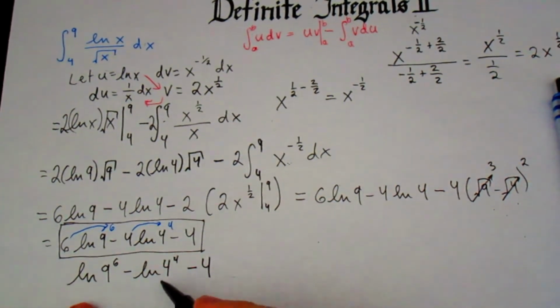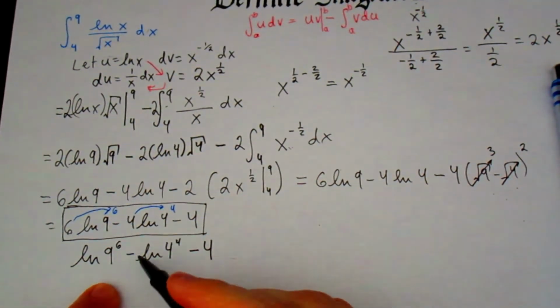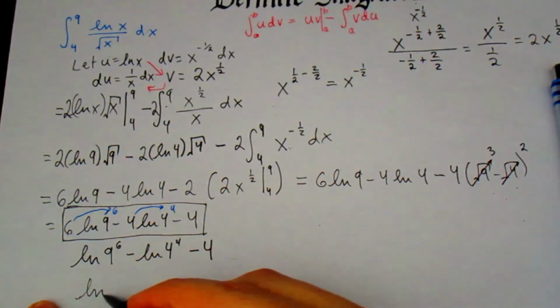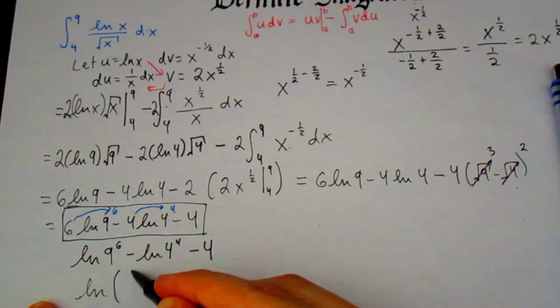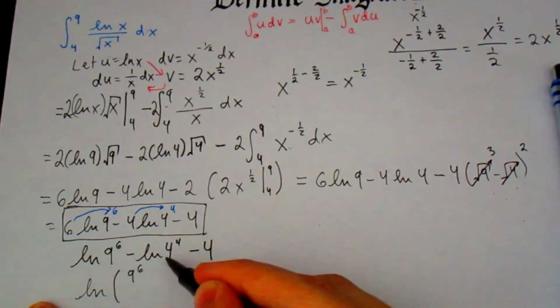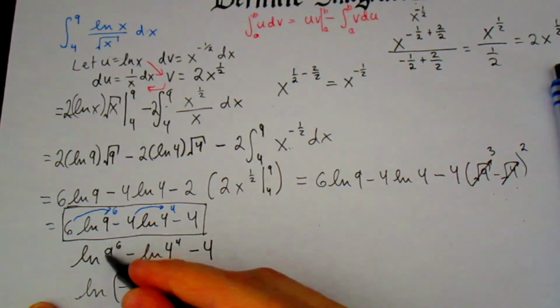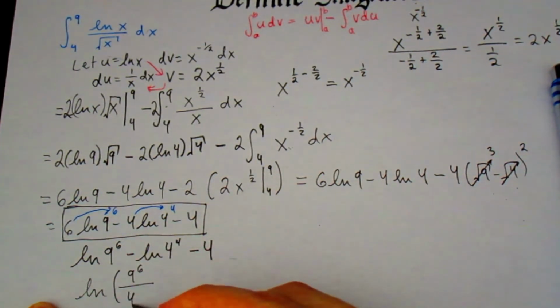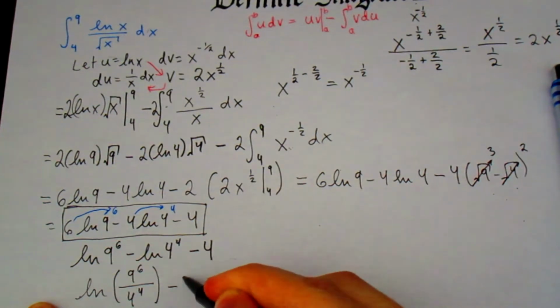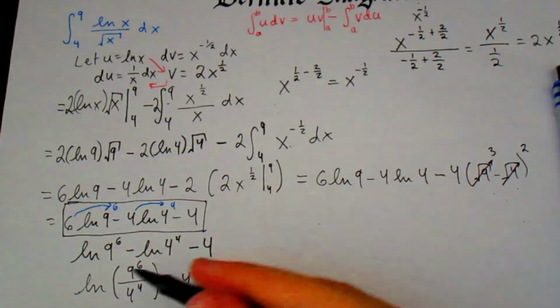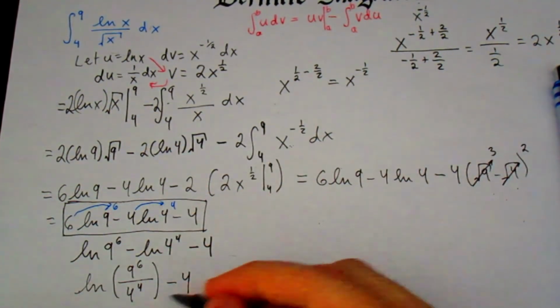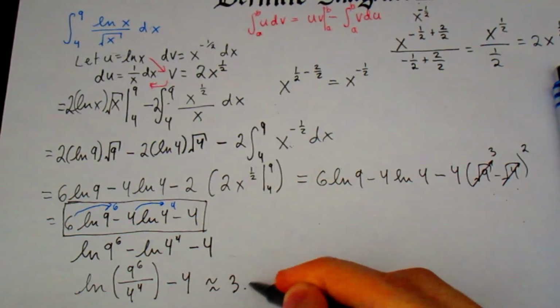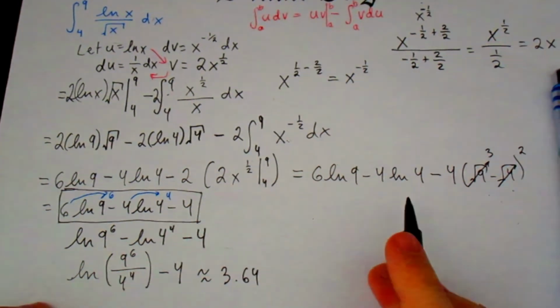And using another property, you see that subtraction there, so that makes the argument a quotient: 9 to the 6th divided by 4 to the 4th, minus 4. And you could simplify that further. You will get approximately 3.64, and on it goes.